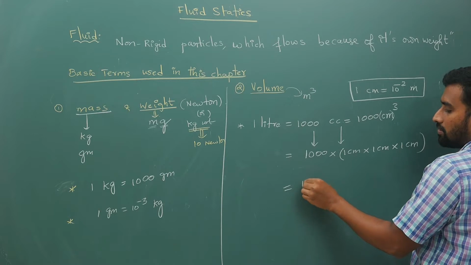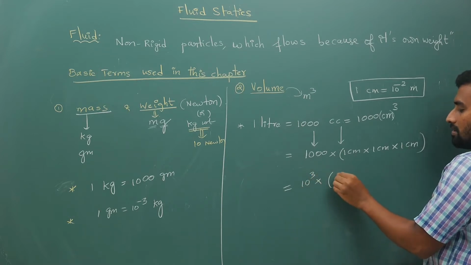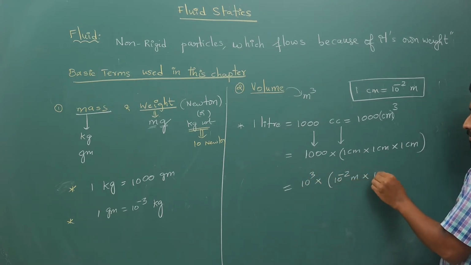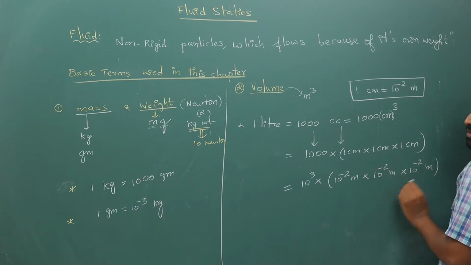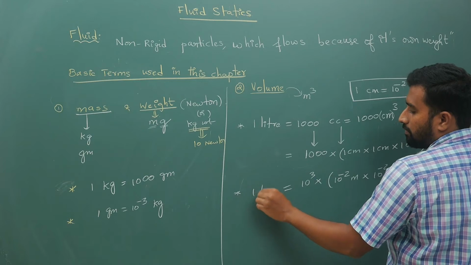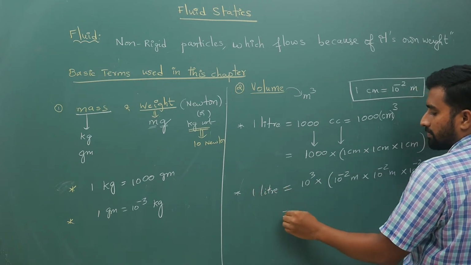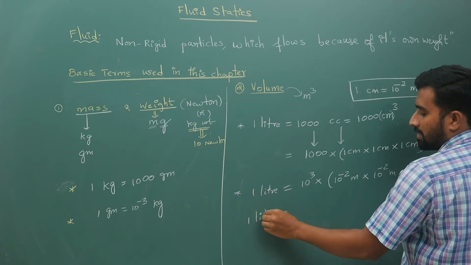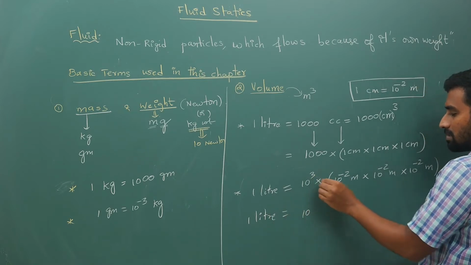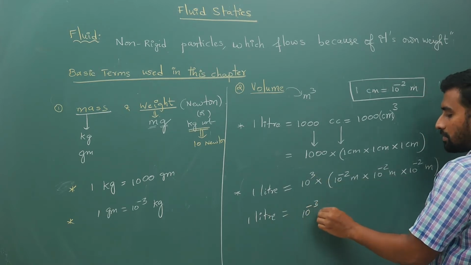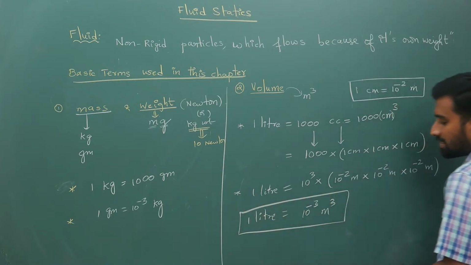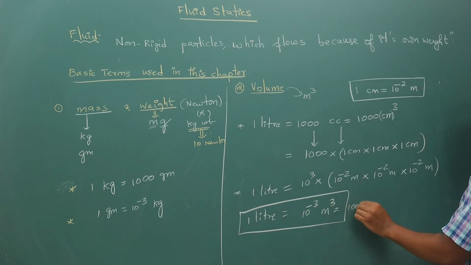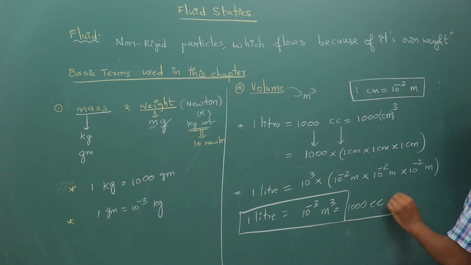That gives 10 power 3 times 10 power minus 2 meters, three times. So 1 liter is 10 power 3 times 10 power minus 6, that is 10 power minus 3 meter cube. So 1 liter is 1000 cc or 10 power minus 3 meter cube.